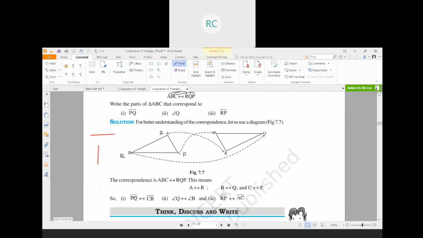So line segment PQ: when they say PQ, you have to read CB in this direction itself. Don't even change the direction. When they say angle Q, you have to write angle B. And when they say RP, in this direction you have to read, so naturally you will write AC because that's how you can read it. This is what corresponding triangle is all about.